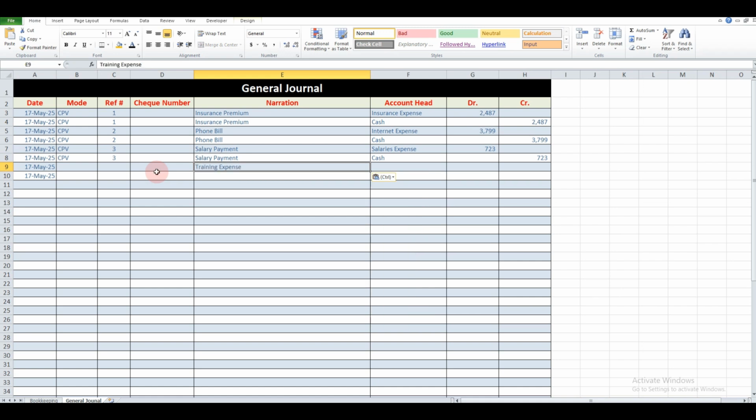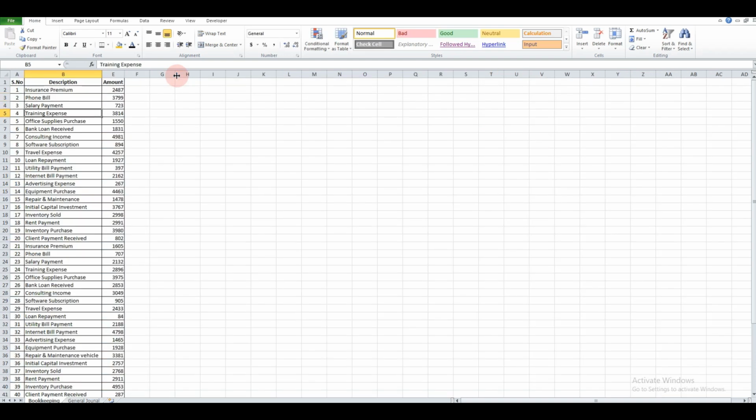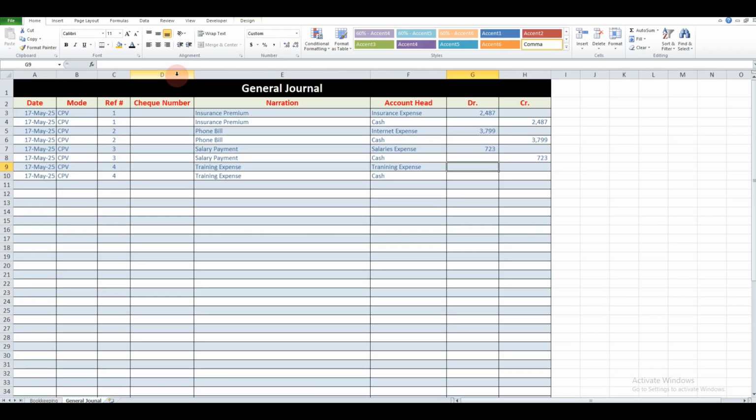First we paste there. Now it's also a cash payment voucher. Training expense debit, cash credit. The amount is 3814.